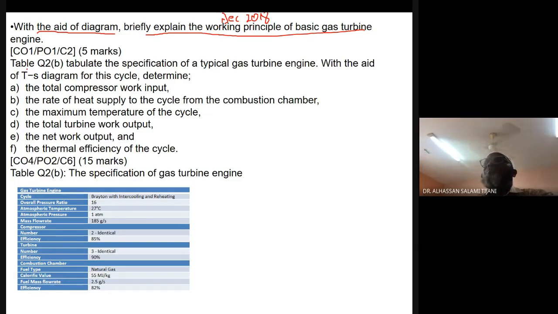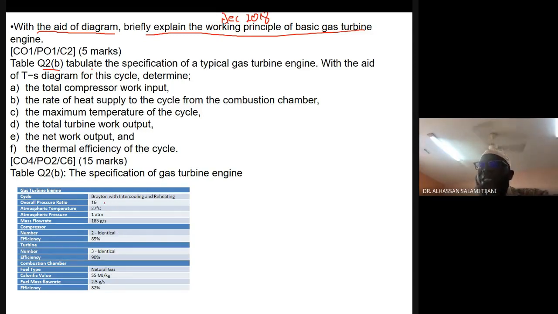Okay, so now we are told in the next question, table question 2B is tabulated in such a way that the specific enthalpy of a typical gas turbine engine, okay, is given. So we have the gas turbine engine Brayton cycle with intercooling and reheating.